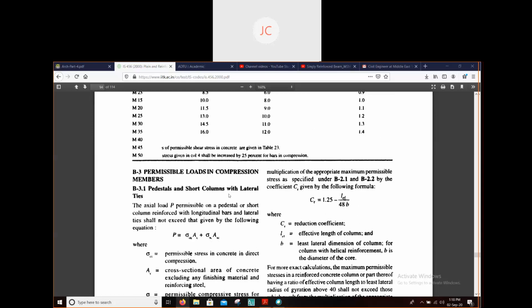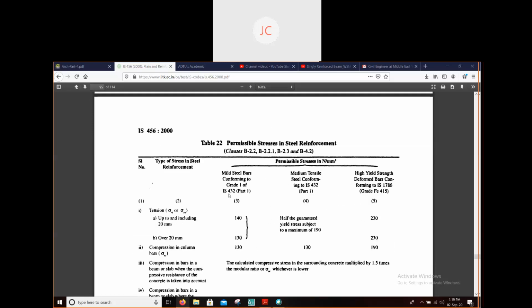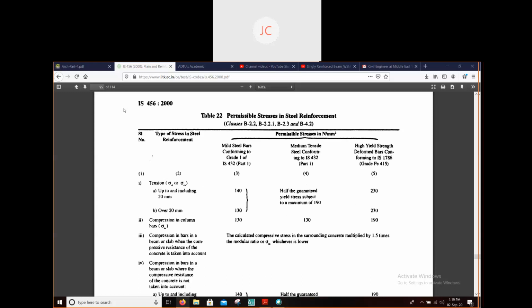If mild steel bar is given, then we have to find out our sigma ST. So can you tell me which value we have to take? This is our mild steel bar. We have 2 values, one is 140, one is 130.